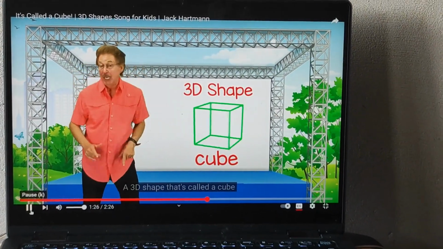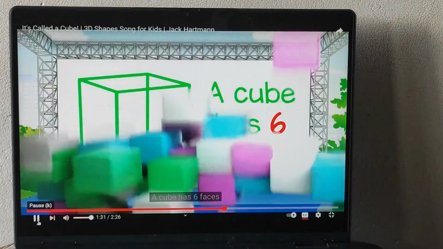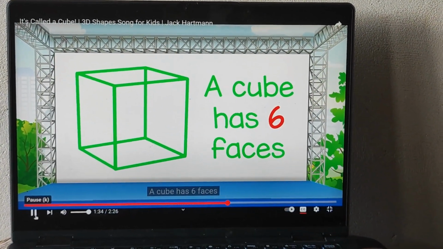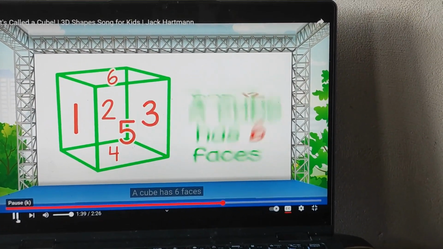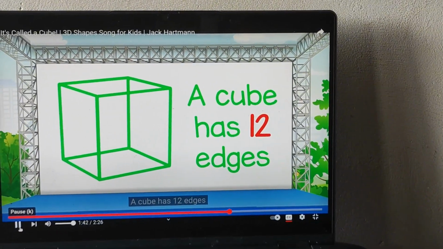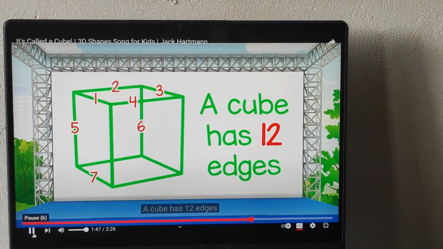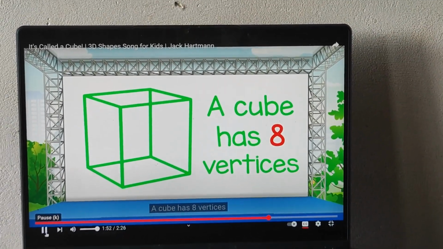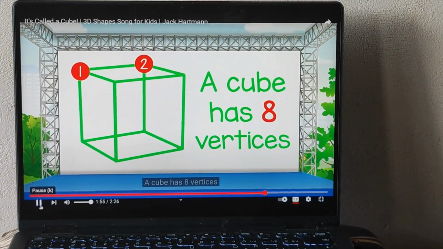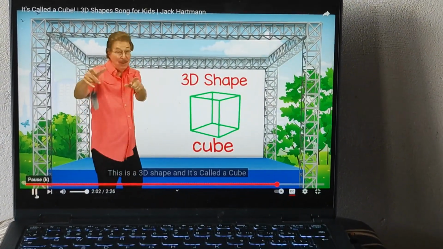A 3D shape that's called a cube. A cube has 6 faces. A cube has 12 edges. A cube has 8 vertices. This is a 3D shape and it's called a cube.